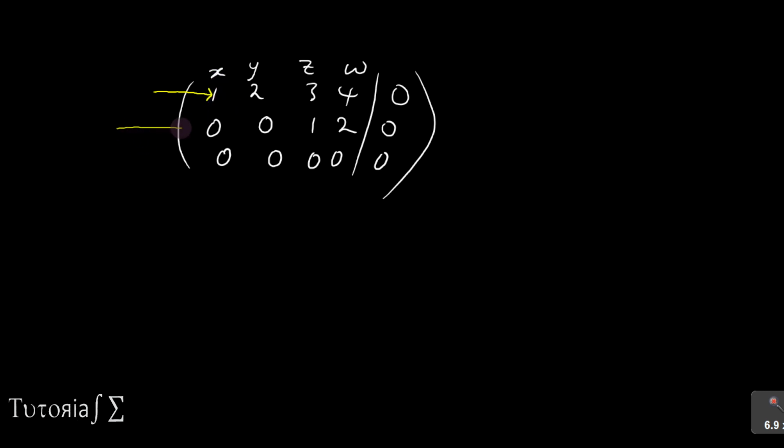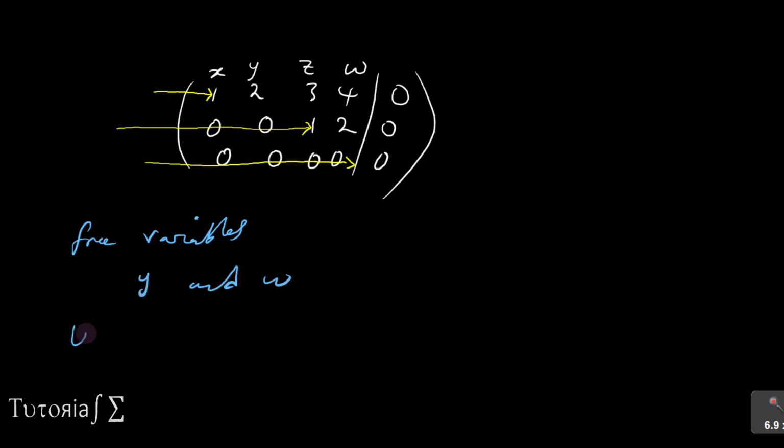The second leading element here is a 1, which belongs to z, so z has a leading element. w has no leading element, and the same applies to y. So y and w do not have leading elements. These will be our free variables. So the free variables are y and w.